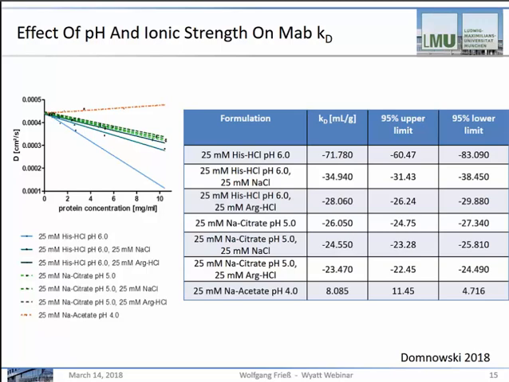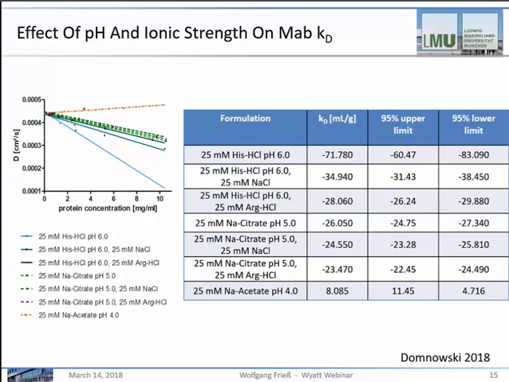In the table, you see the KD values supported by the 95% upper limit and the 95% lower limit for the fit. So what you see is that at pH 6, the increase in ionic strength leads to an increase in KD. It reduces the mAb interactions.